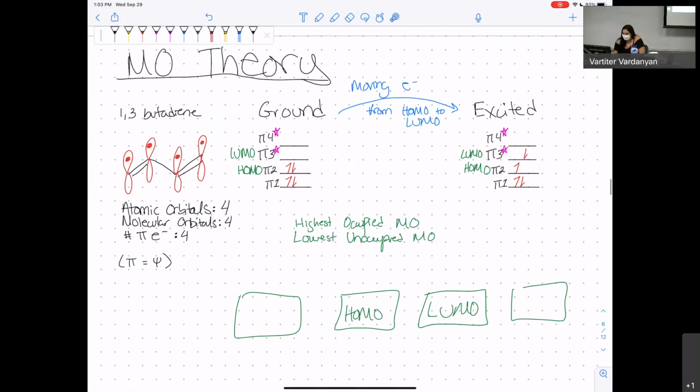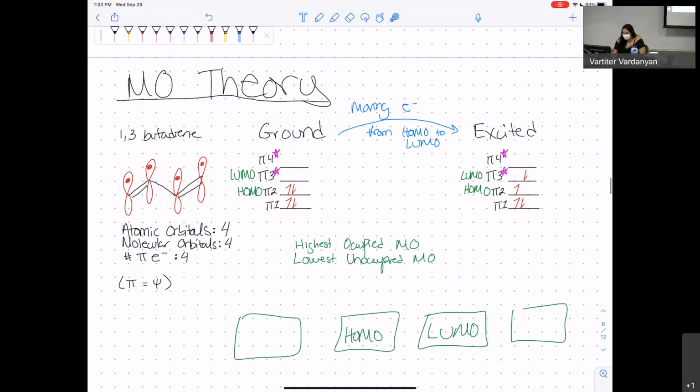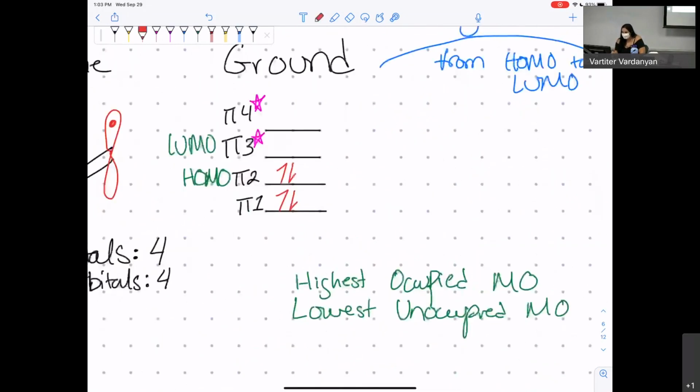Last time we talked about how this is the lowest energy level, and then as we move up, we go higher in energy, right? And so a way we can depict that is by drawing out the orbitals. So next to each line, I'm going to draw out 4 orbitals because that's how many we have. At the lowest energy level, we're going to color in the same side. So all of these are going to be colored in on the same side.